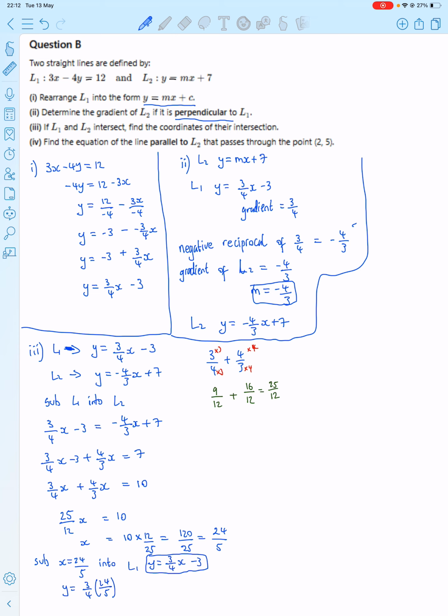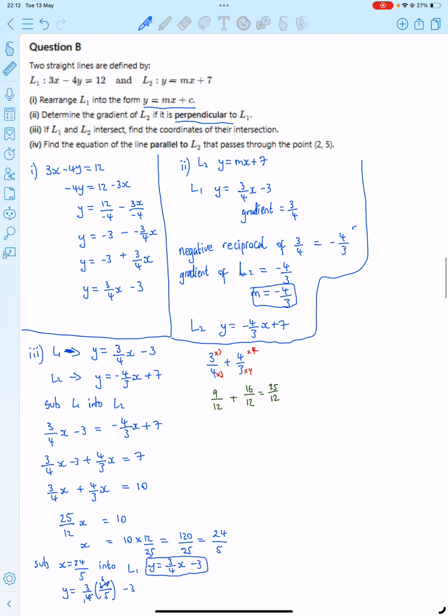And then y equals 3/4 of x, which is 24/5, minus 3. 3/4 times 24/5. Well, doing some simplifying here, so divide by 4, I get 1. Divide by 4, I get 6. This is cancelling fractions.